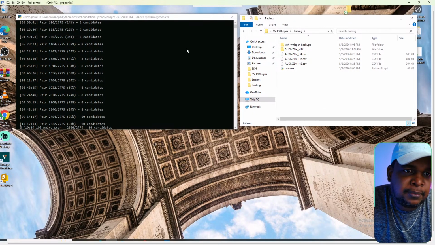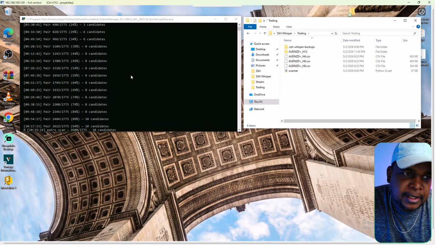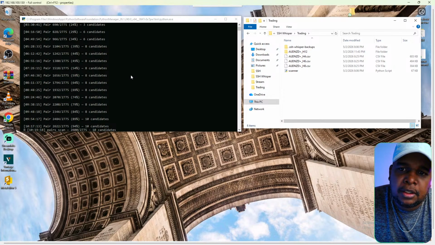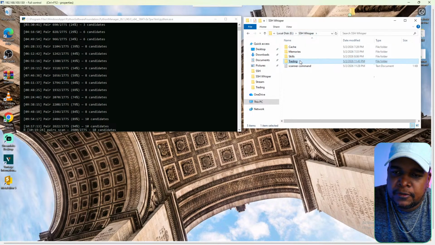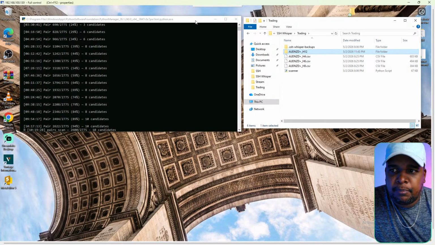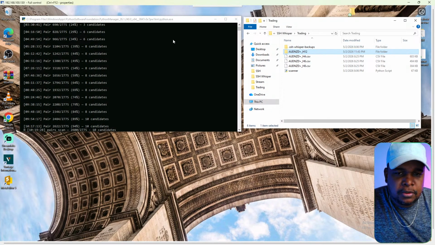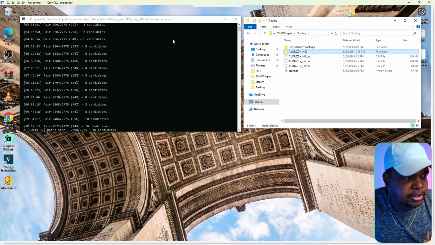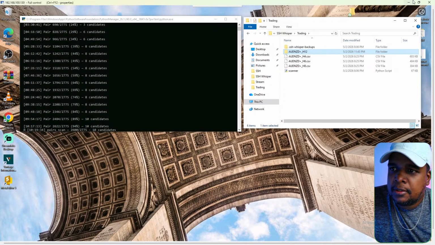So what this does, it pulls up this panel, a Python panel, and it takes the first CSV here in numerical order. Right, so it takes the first CSV and the Python script runs through it and does exploration to find strategies.